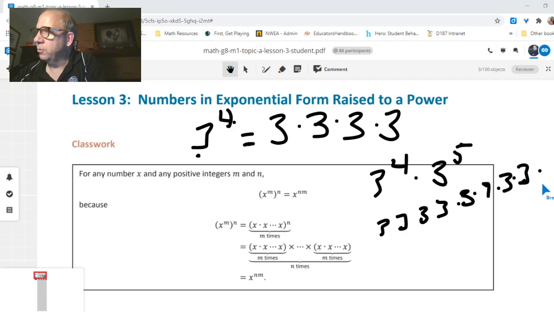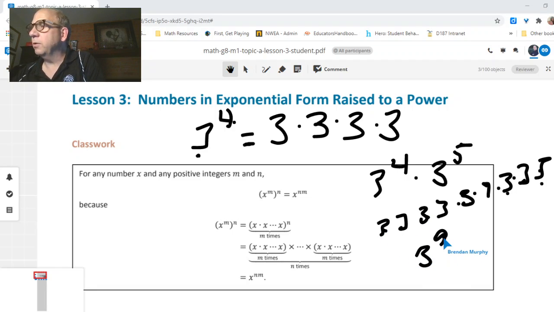So that's 1, 2, 3, 4, 5, 6, 7, 8, 9. So that's 9 threes. That's what it means when we're talking about exponents in exponential form.